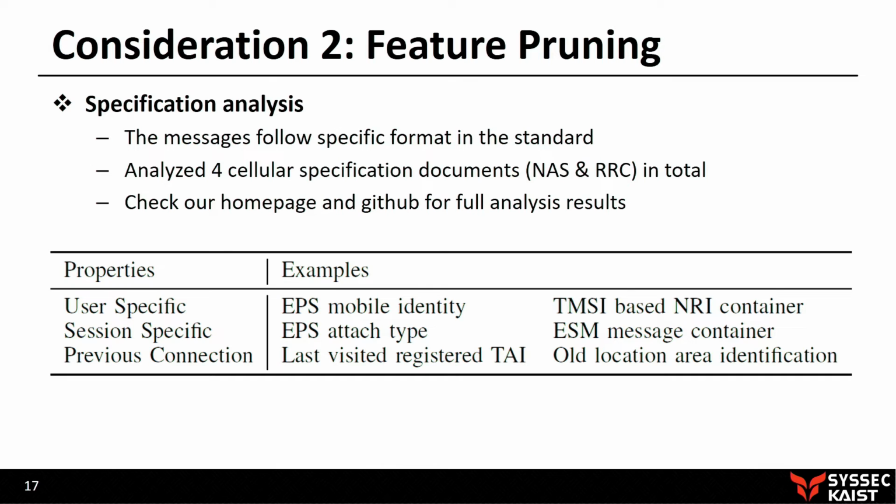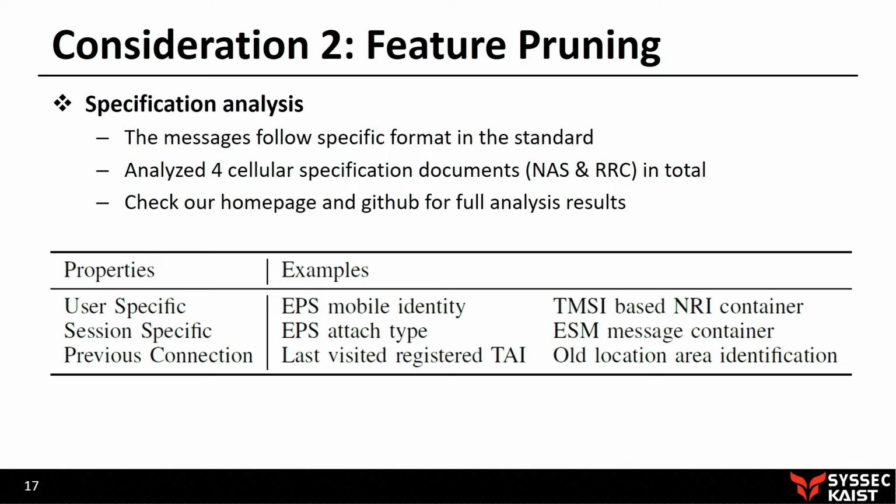The goal of the specification analysis is to find the features that meet three properties, which are user-specific, session-specific, and related with previous connections. User-specific features, for example, are the features that are related to the user itself rather than device models, so they are not useful for generating device model fingerprints.